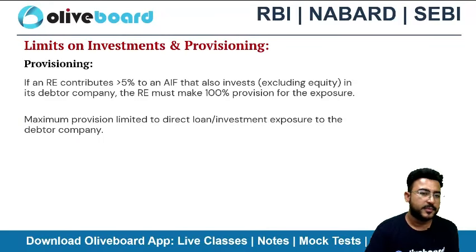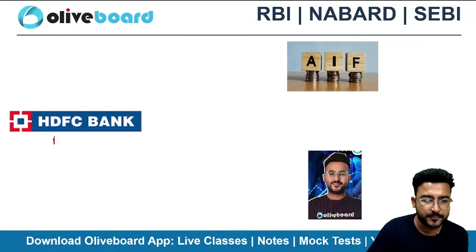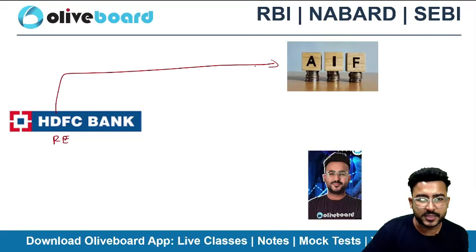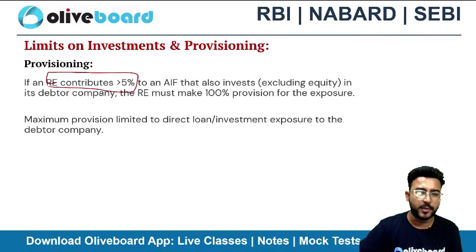Provisioning norms. If the RE contributes greater than 5%, then that is a problem. Sir, what is the problem?